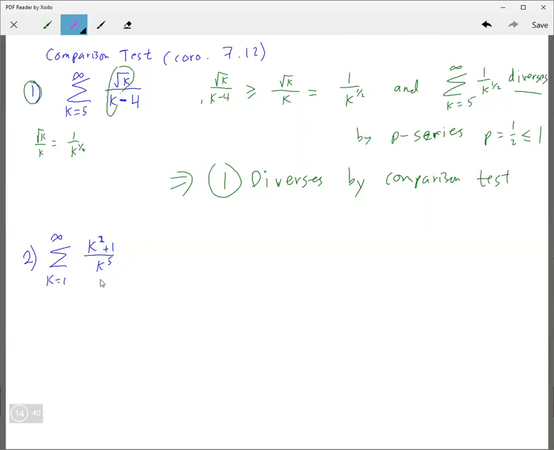Now the second series, what should we compare this to? If we just take that right there, what do we get? 1 over k to the 3. And so what happens is, wait.